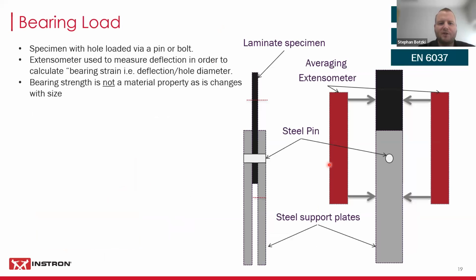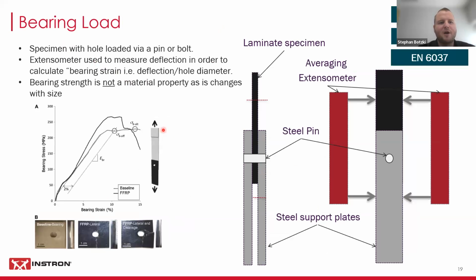Another test that needs to be done, we've touched on this before, is the bearing load. So you're going to have a hole in your specimen, and then you're going to insert a steel pin or a bolt, and then you're going to put this together with the support plates. You can do an averaging extensometer on both sides to average your bearing strain, and then you're going to pull on this, and then you can get your bearing strength, which is not a material property.